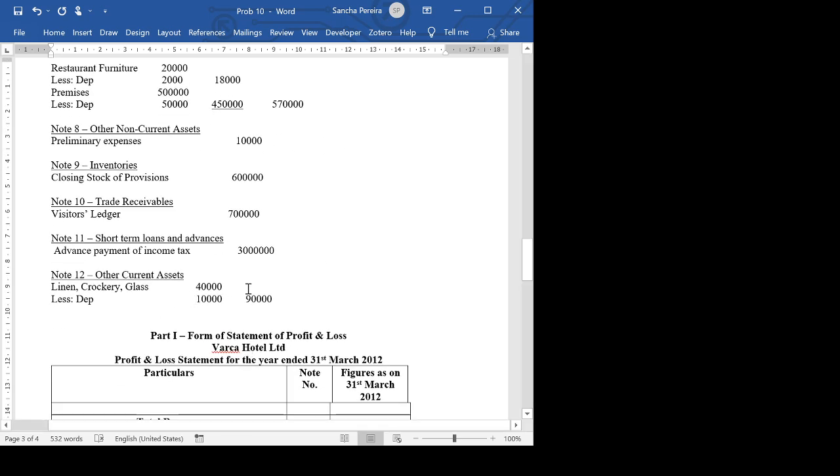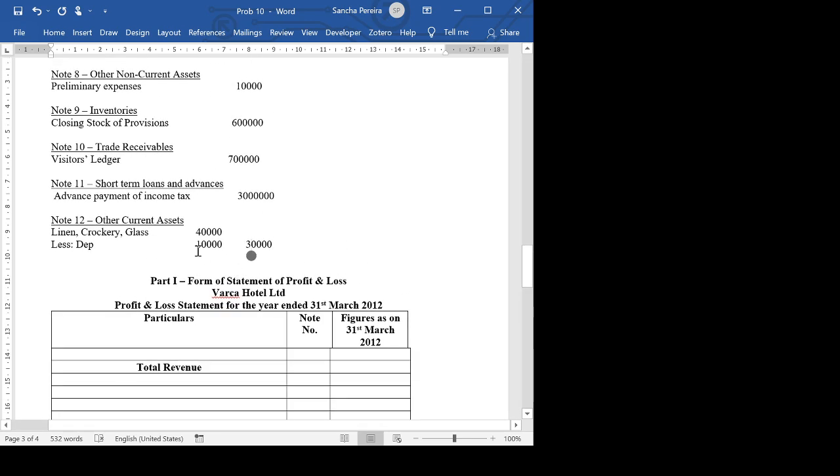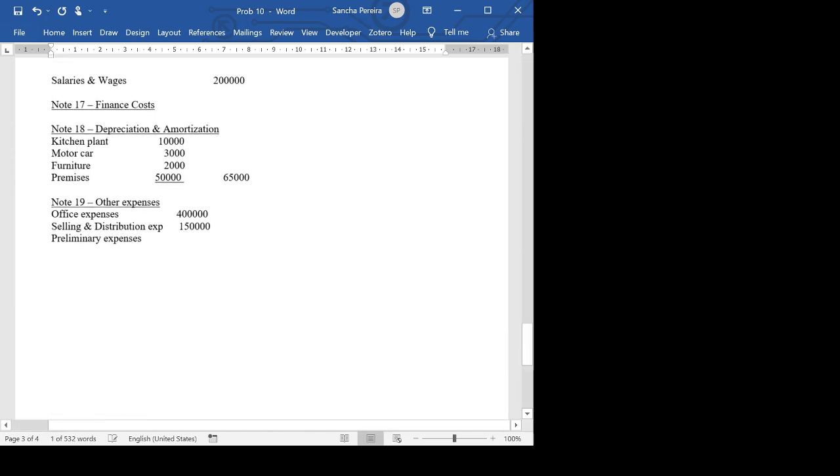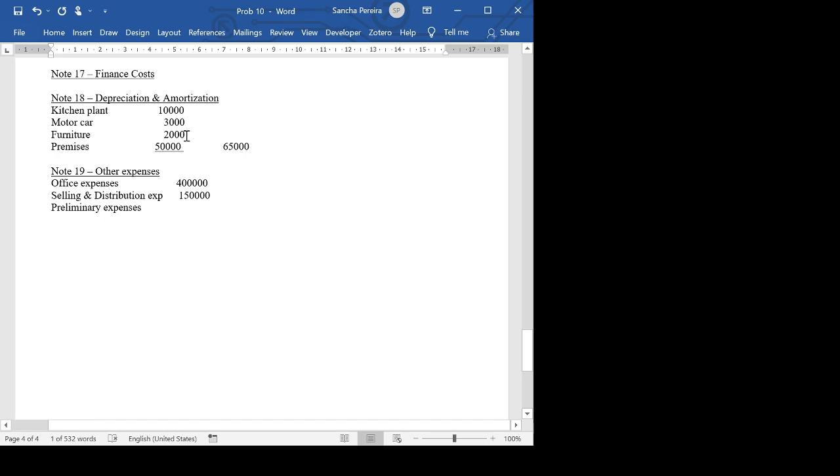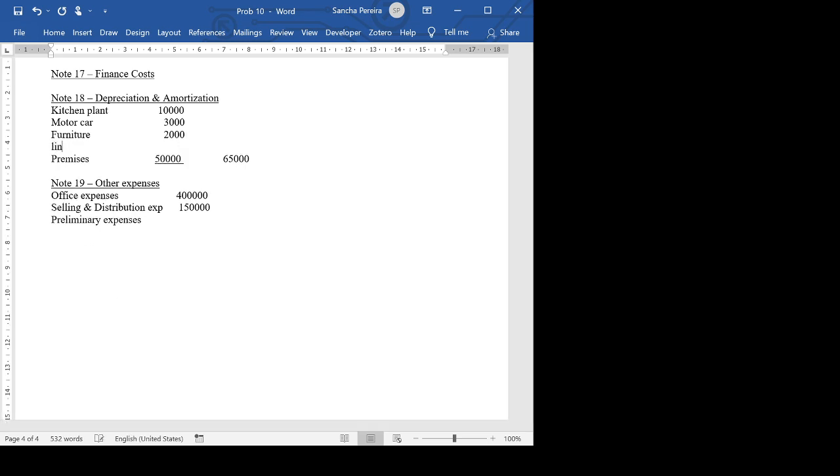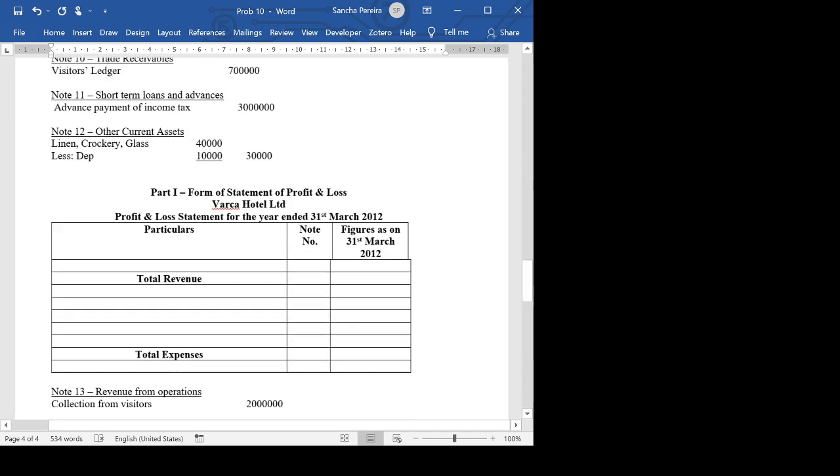So that comes to 30,000. This is just one item by itself. I have to also include this in the depreciation, 10,000 on linen and cutlery. So this comes to a total of 75,000. Okay, so that is done.